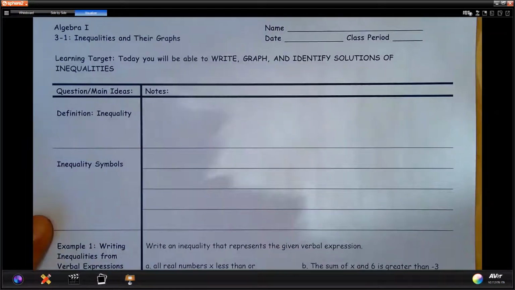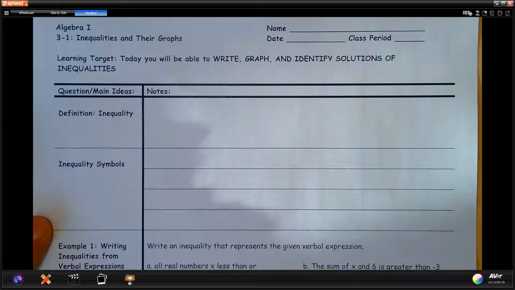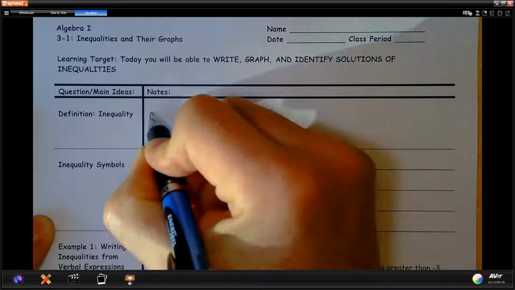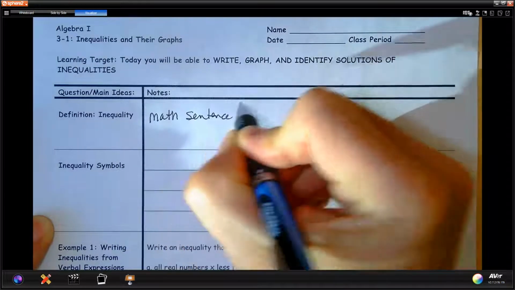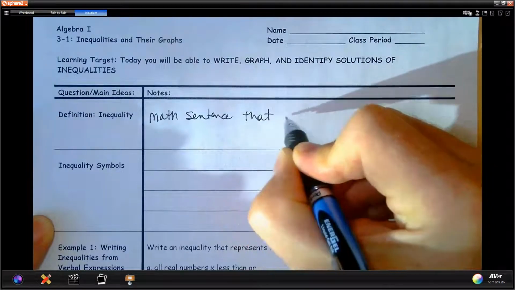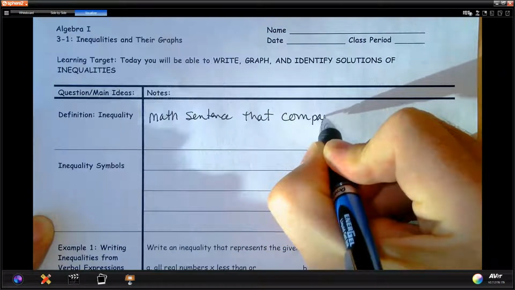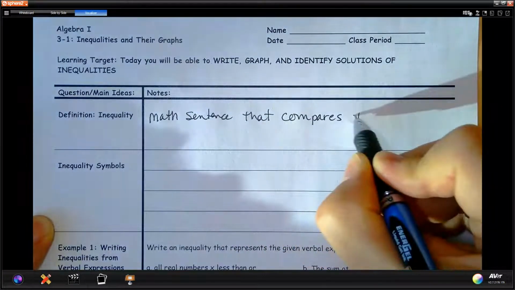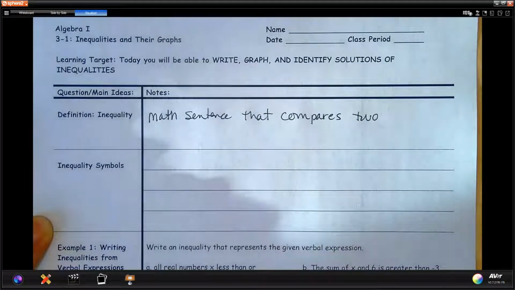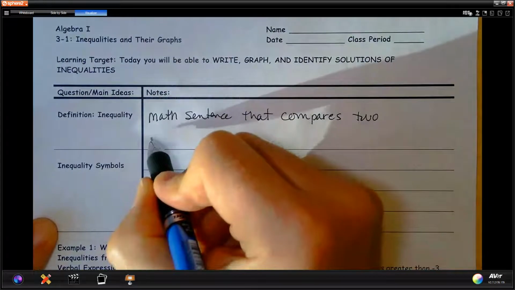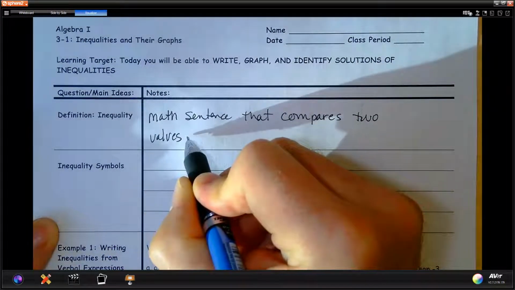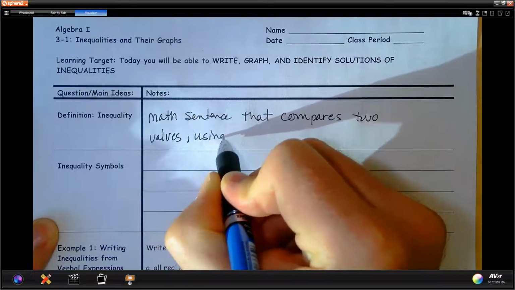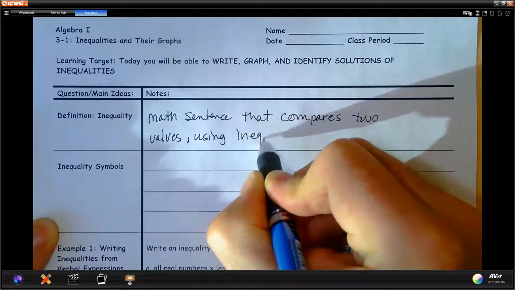The first definition is a definition of inequalities. An inequality is just a math sentence that compares two quantities or two values, and that uses an inequality symbol.